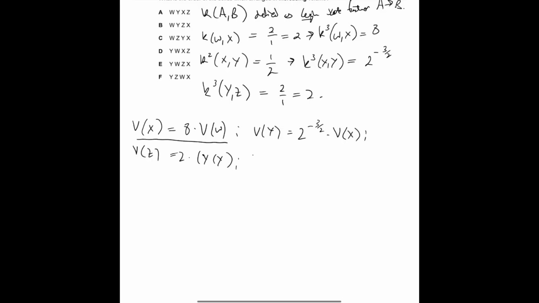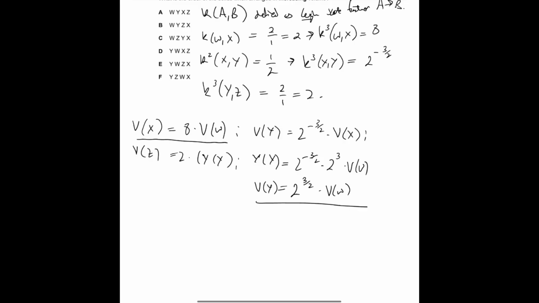So Vy is going to be 2 to the minus 3 over 2 times 2 cubed, Vw, which is 2 to the power of 3 over 2 Vw. So that's Vy.